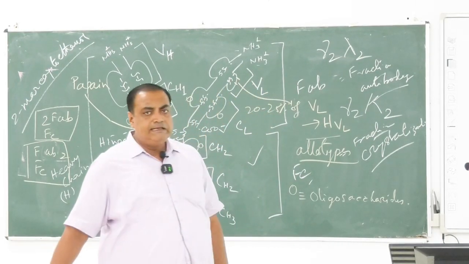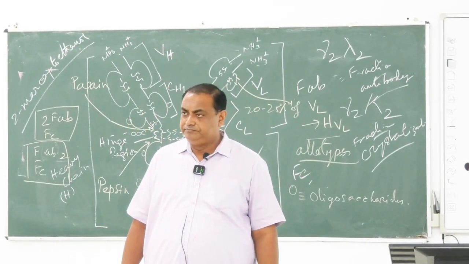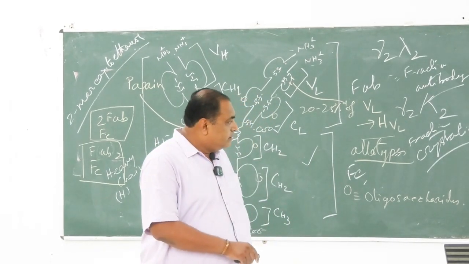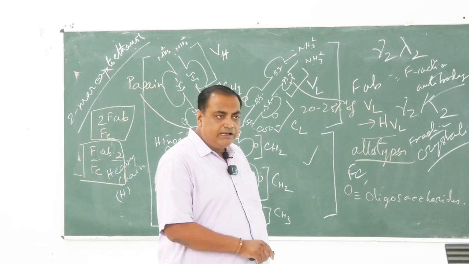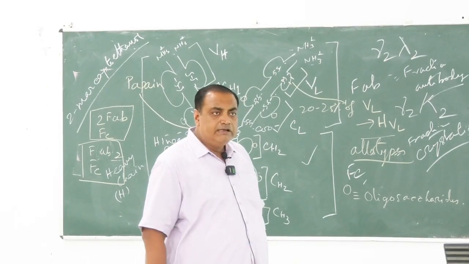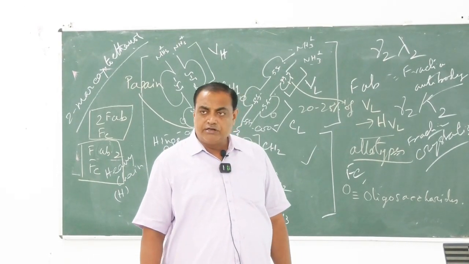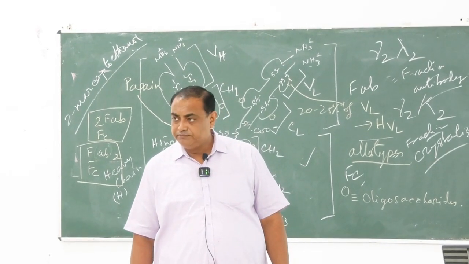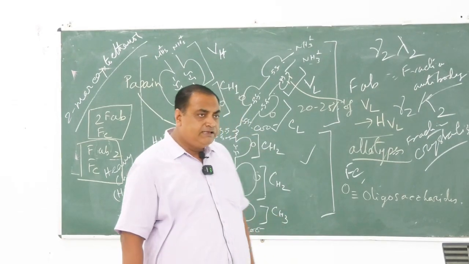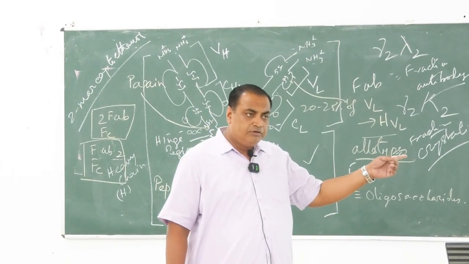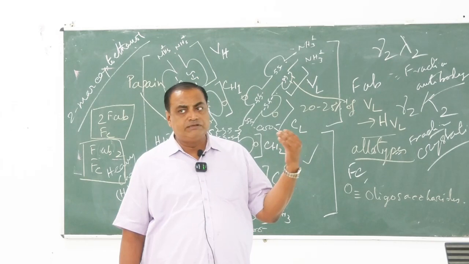IgA can exist as a dimer. These 2 monomers are joined by the secretory component, or secretory protein, or secretory portion, and 1 J chain. So IgA subtypes were 2. One was monomeric, another was dimeric.